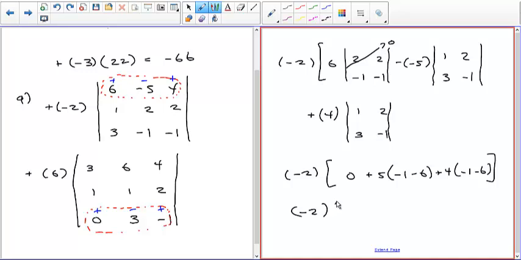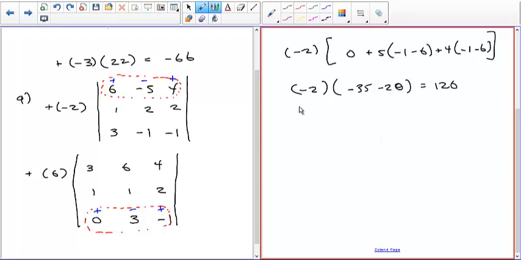Okay, so you're going to have 5 times negative 7, which is negative 35, and 4 times negative 7, which is negative 28. And if we do that in our calculator, negative 2 times negative 35 minus 28, you get 126. So this part is 126.